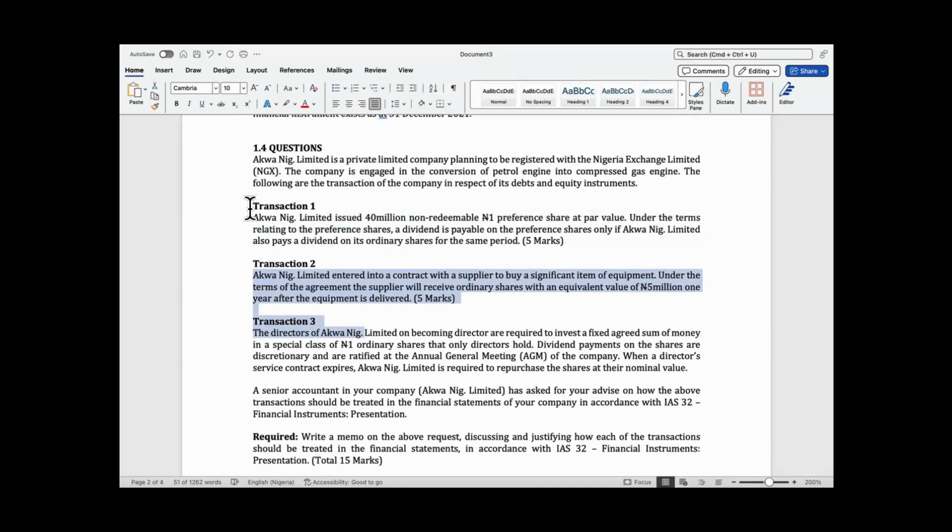Okay, let me break it down for the examiner. Aqua Limited issued 40 million non-redeemable preference shares.